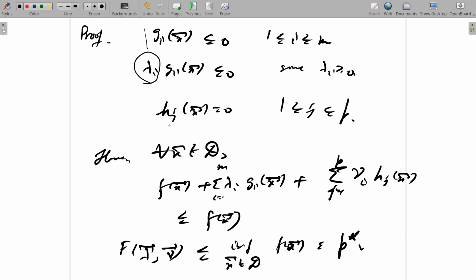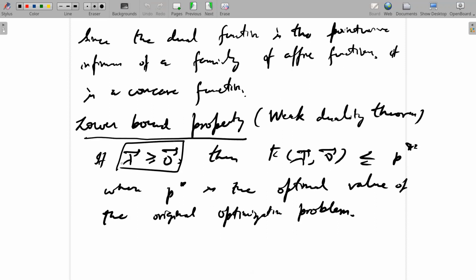That will not be true here in general. But there are certain conditions on these functions f and g. For example, assuming f naught, g naught are convex and certain other technical assumptions, we can actually prove something known as strong duality. And those conditions are known as Slater's conditions. We will not see that in today's class. But know that strong duality does not hold in general here.